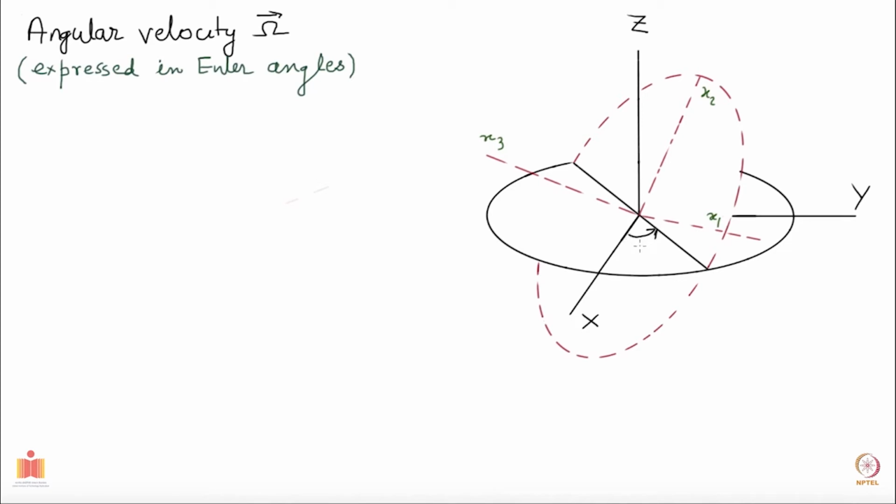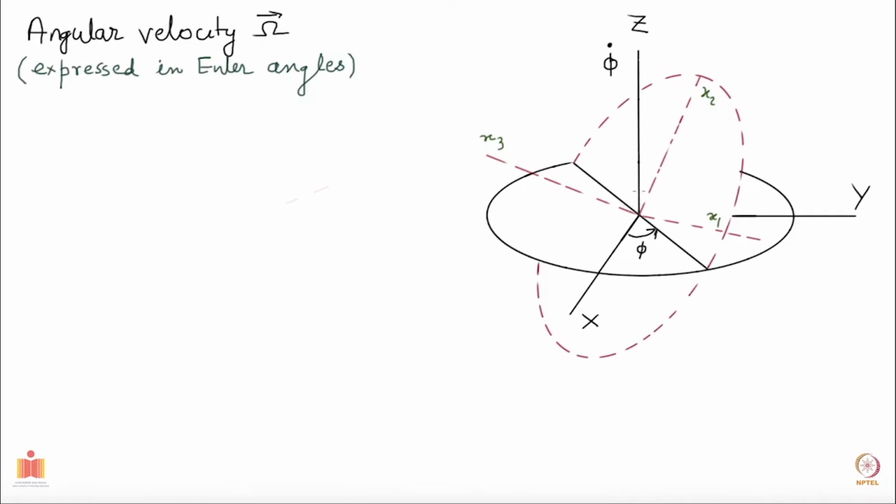If you do a rotation about the z axis, the angular velocity would be along the z direction. So your phi dot, which is the angular velocity corresponding to this rotation, will be pointing along the z axis.